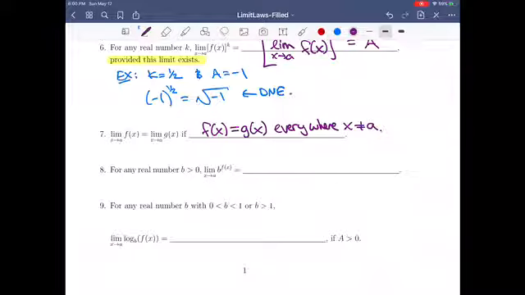Okay, now the reason why this might be useful is when we simplify a rational function, so we factor and then we cancel, remember that I always write as long as x is not this number. Okay, so if we're taking the limit at that number, we can use the simplified version. Okay, so that can be very useful.